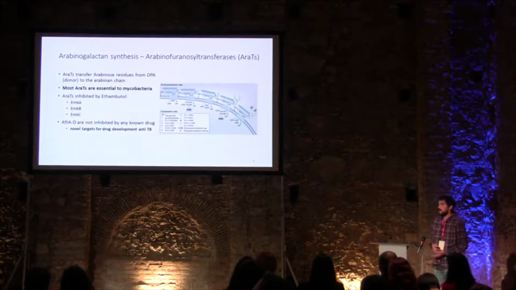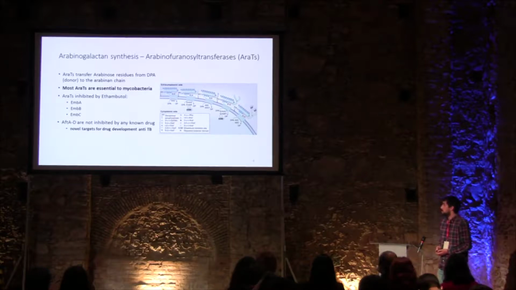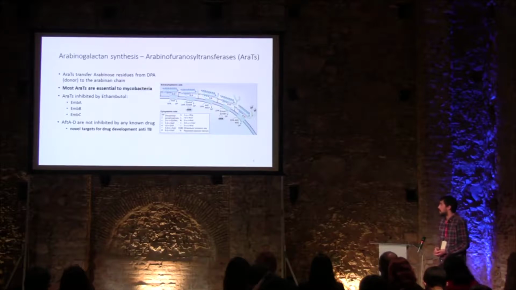The proteins that we study are arabinofuranosyltransferases. They are membrane proteins, and they transfer arabinose residues to the growing chain of arabinose. Most of these proteins are essential to Mycobacteria; some are not, but most of them are.